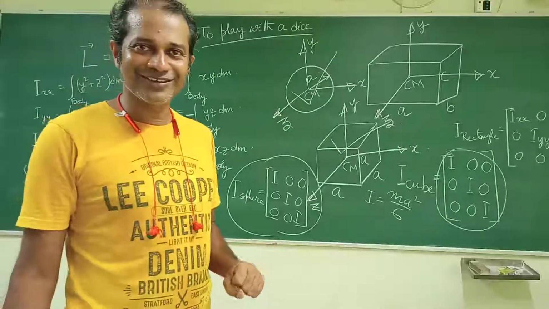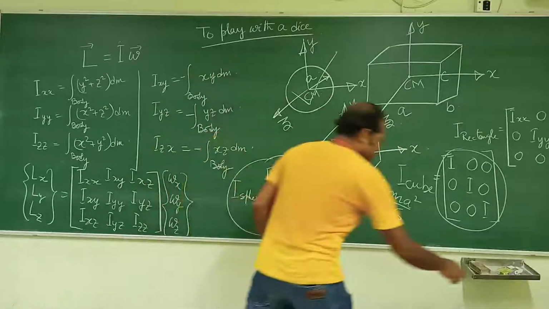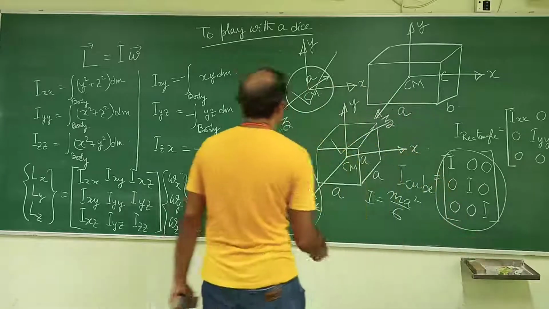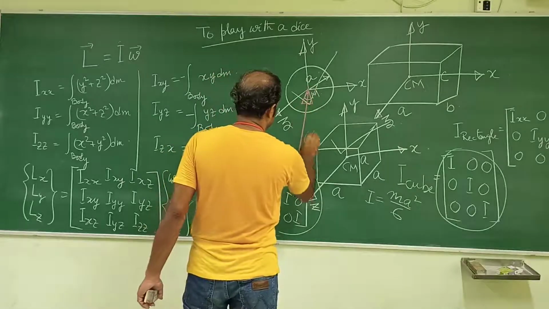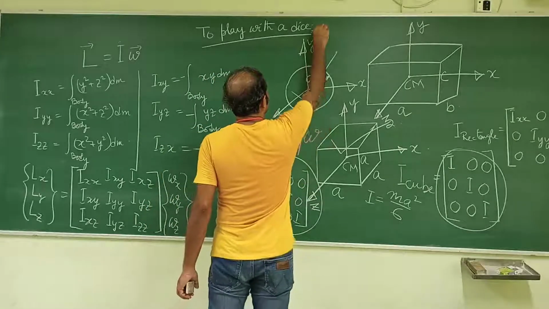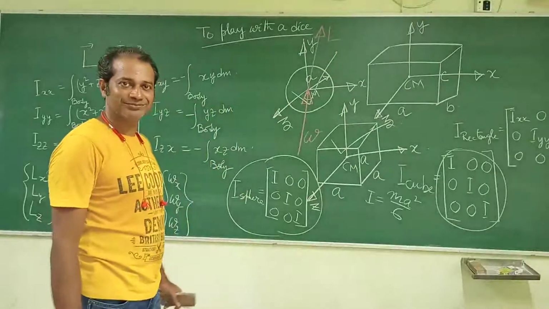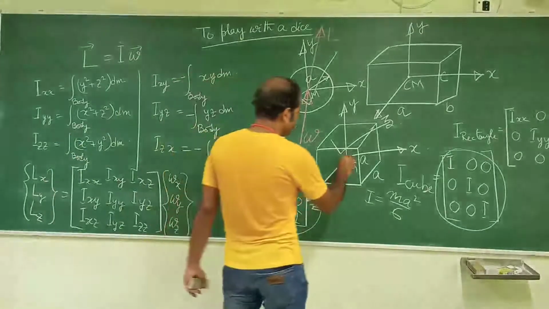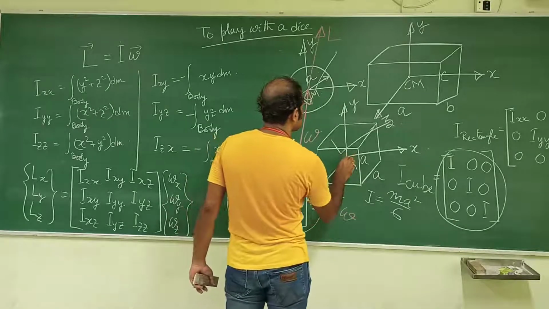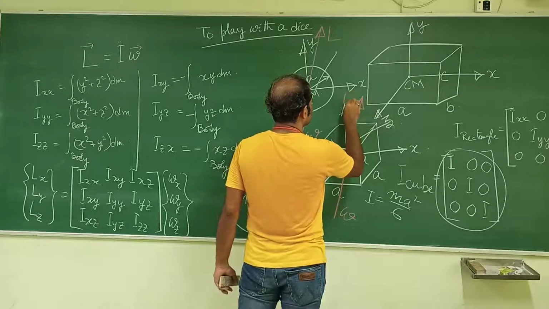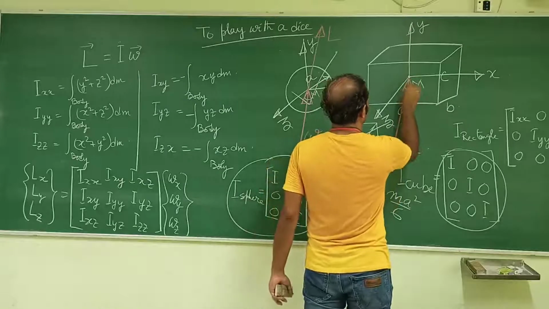So what does it mean? Suppose I'm just going to use a different color. If you give an angular velocity omega, the angular momentum L is going to be collinear, for any omega. Similarly over here, if you give an omega, it is going to be collinear like this. But it's not the case with the rectangular body.